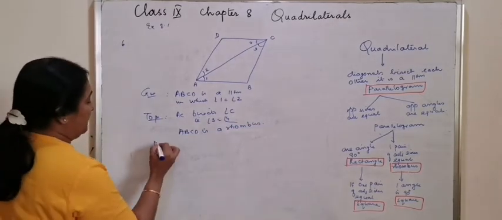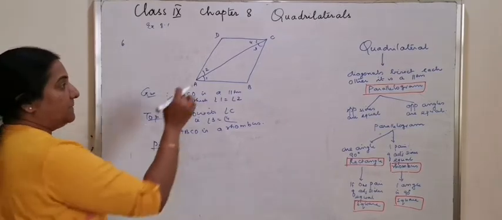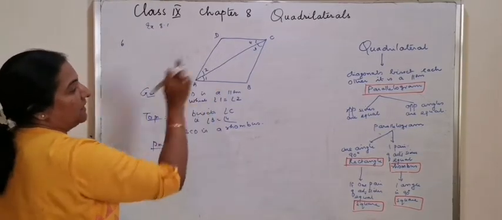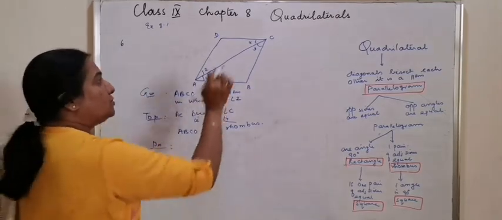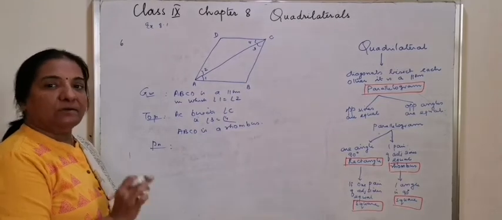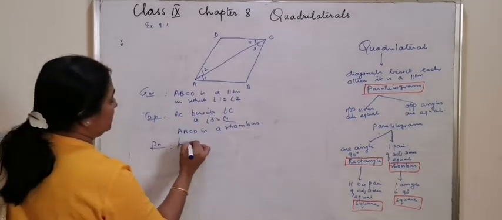So now applying the given condition, ABCD is a parallelogram, and we know that angle 1 and angle 2 are equal. We need to prove that 3 is equal to 4, which can be done only by triangle congruence. Which are the two triangles you will be selecting?